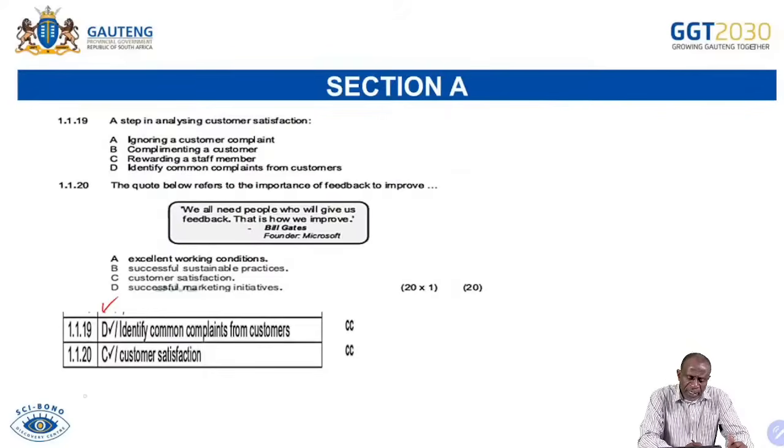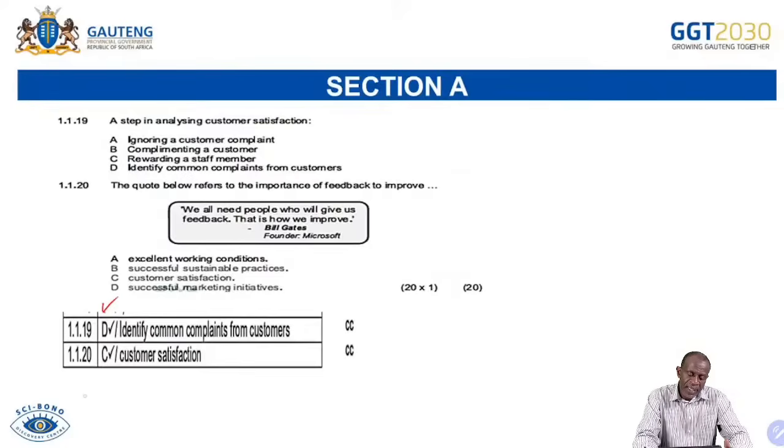1.1.20, the quote below refers to the importance of feedback to improve. We all need people who will give us feedback. That is how we improve. That is what the statement says.